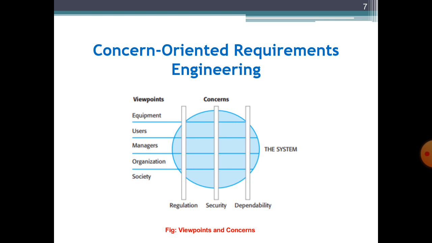This diagram shows that the viewpoints may be of different types, but cross-cutting concerns like regulation, dependability, and security generate requirements that may impact all of the system viewpoints, as you can see very clearly.